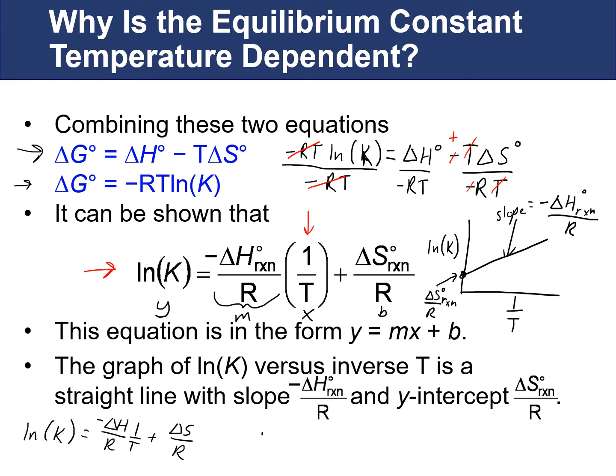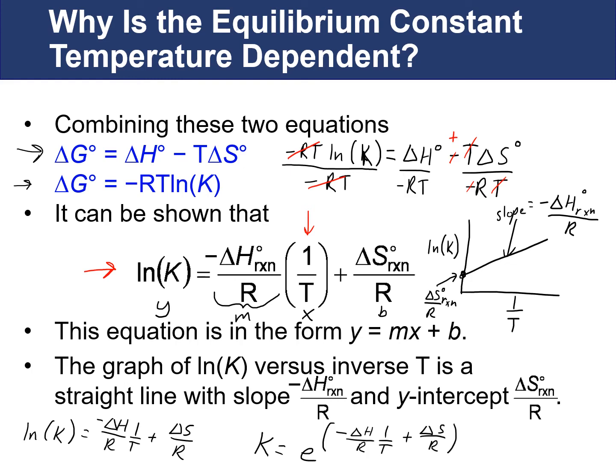This would give us K is equal to e raised to the quantity minus delta H over R, 1 over T, plus delta S over R.